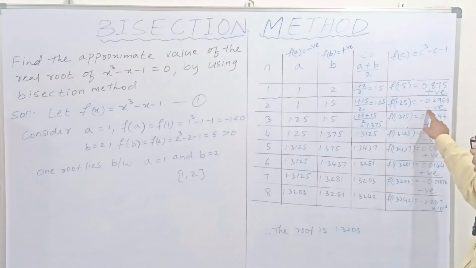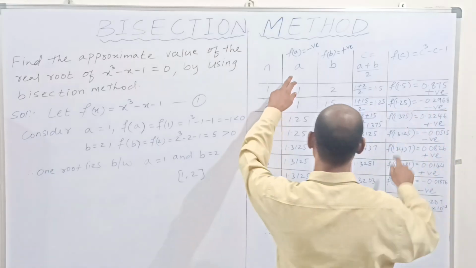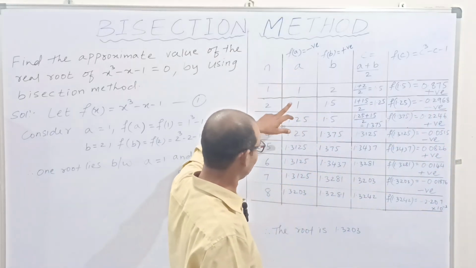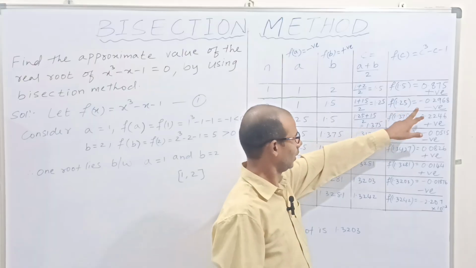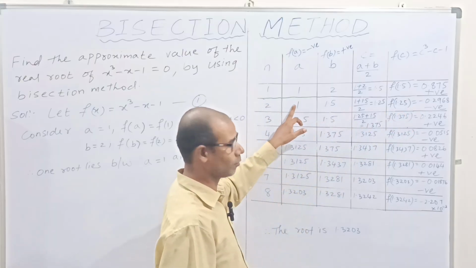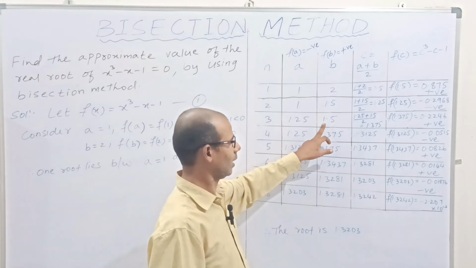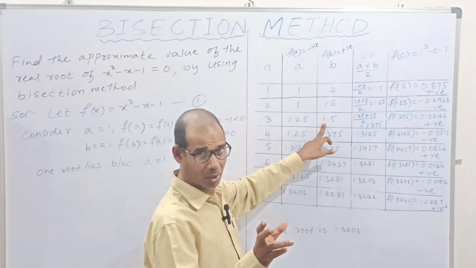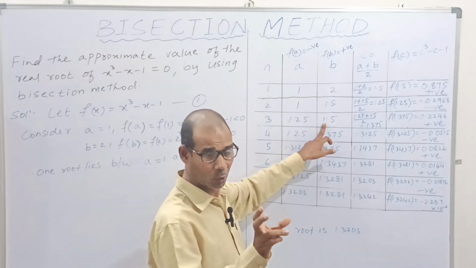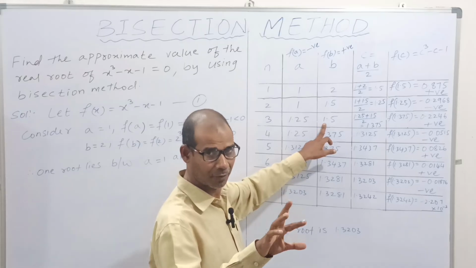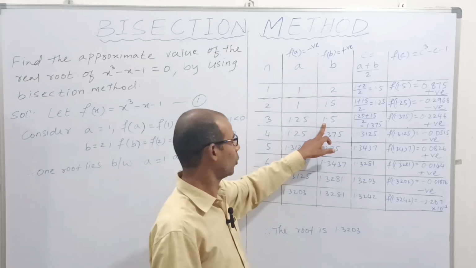The function value being negative means we have to replace the a value. So therefore, we will replace 1 with 1.25 and this b will remain as it is, because we should always know that the root lies between those two values at which the function values are of opposite signs.